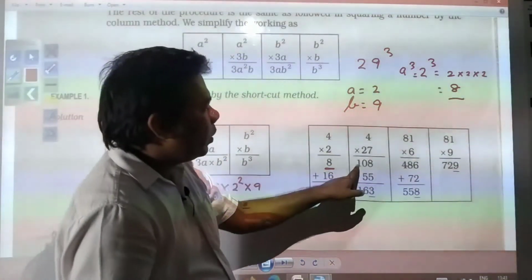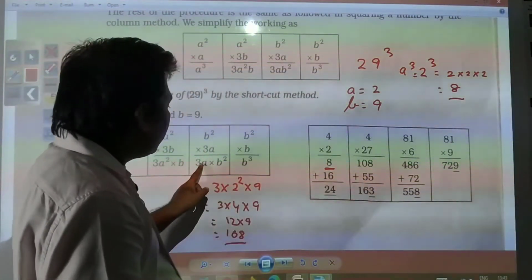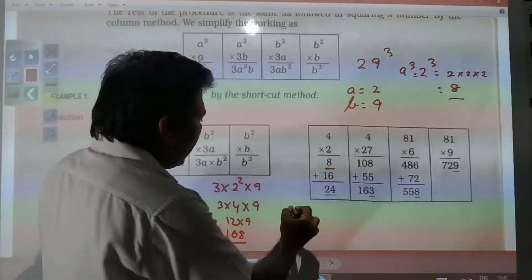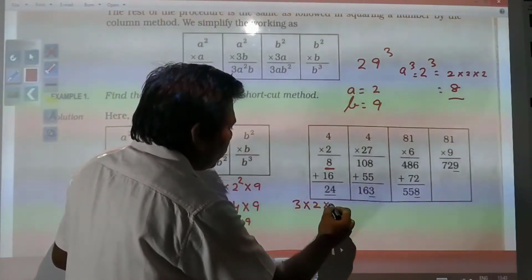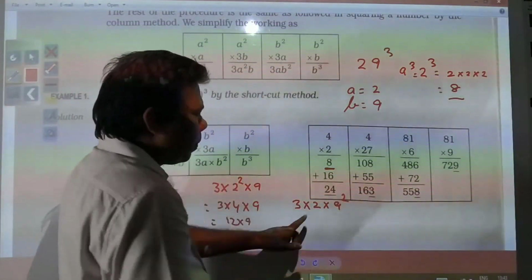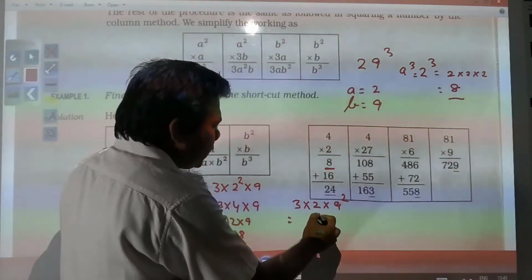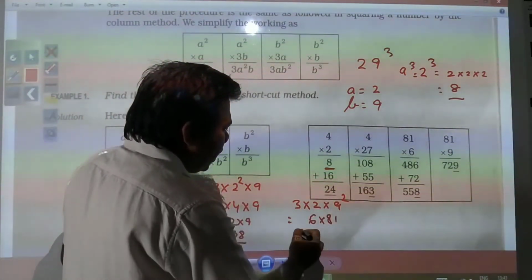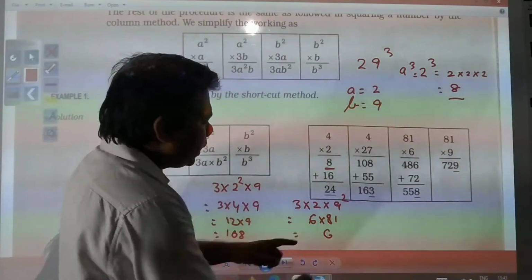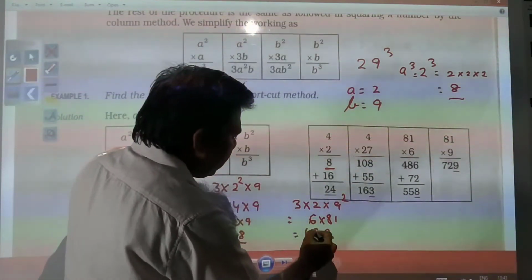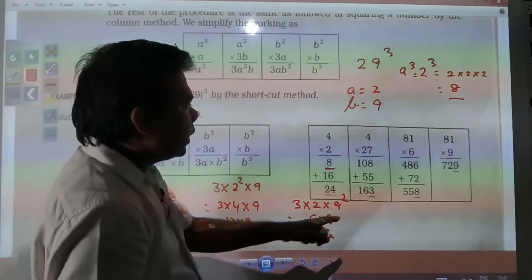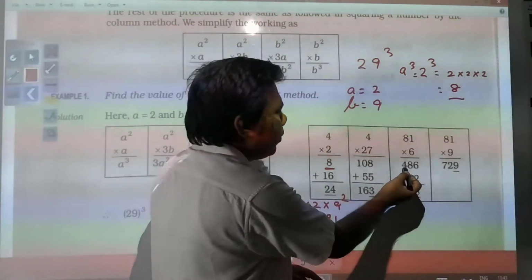So 108 has been written. Then you have 3ab square. 3ab square means 3 into 2 into 9 square. It means 6 into 81, and that will be 486. You see, 486 you have got.